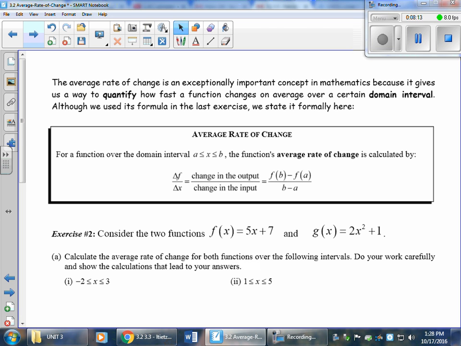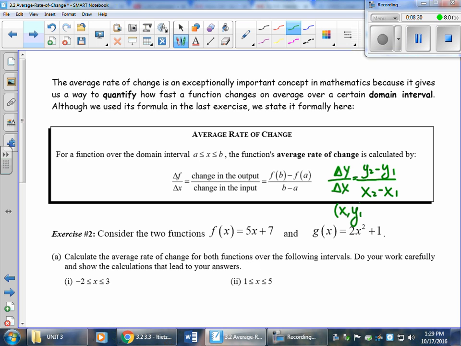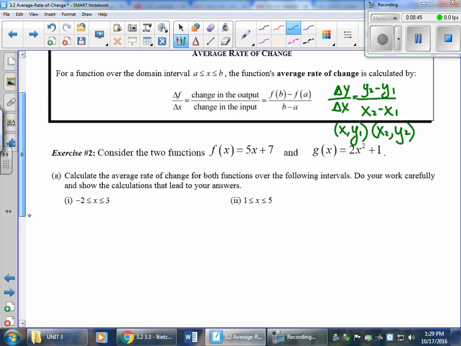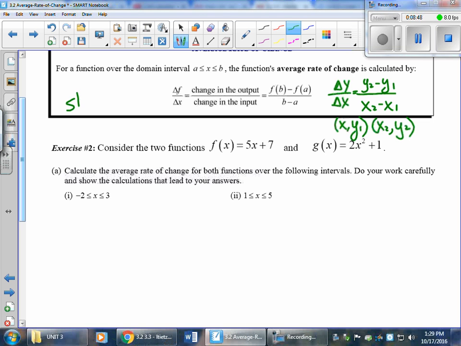But this should look a little familiar to you because in Algebra 1, we used to say the change in y over the change in x is y2 minus y1 over x2 minus x1, given 2 points, x1, y1, and x2, y2. And it's the same thing. It's just using new function notation. It means the same thing. I'm just going to write here, slope formula.